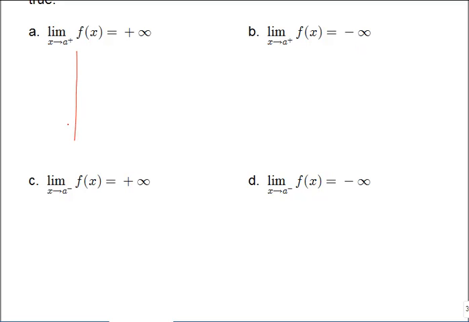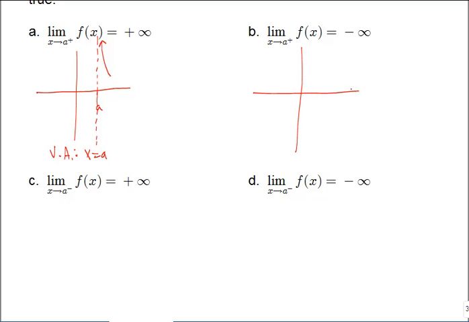So if you have a limit that is approaching a from the right-hand side, from the right over here, and the function is shooting up towards positive infinity, then this line right here, x equals a, would be a vertical asymptote.